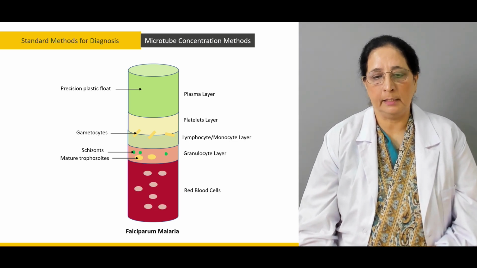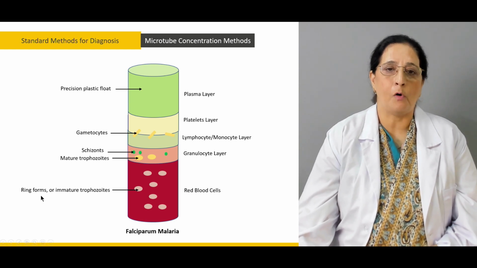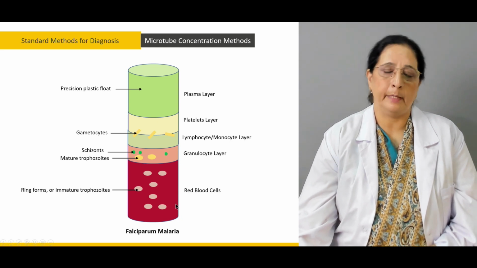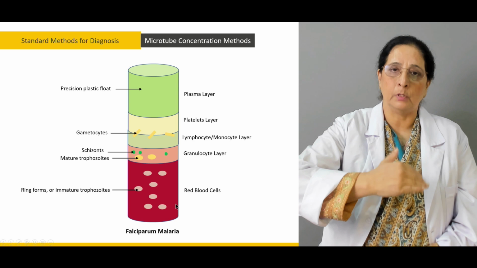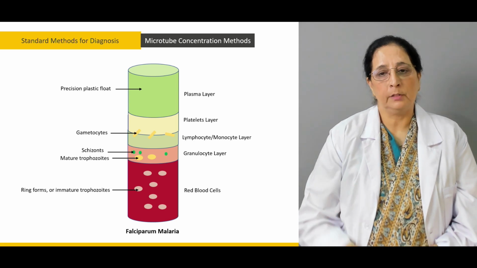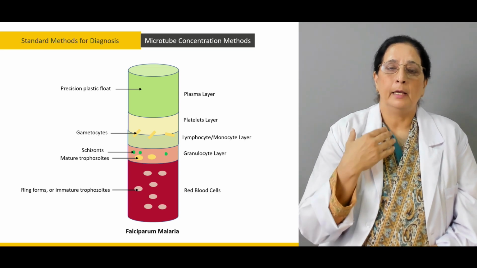And these are the layers of the red blood cells where we can see the ring forms or immature trophozoites. Immature trophozoites are also at the bottom where we have the red blood cells. So this is the microtube concentration method.